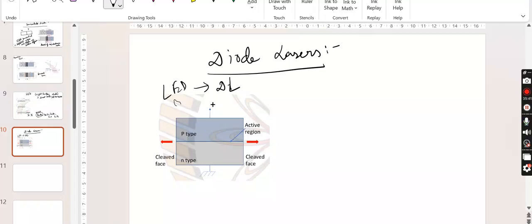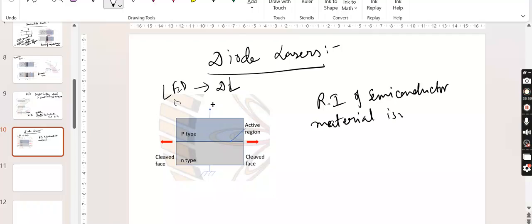And we know that the refractive index of semiconductor materials is usually very high. Fresnel reflectivity for gallium arsenide is almost 32%.